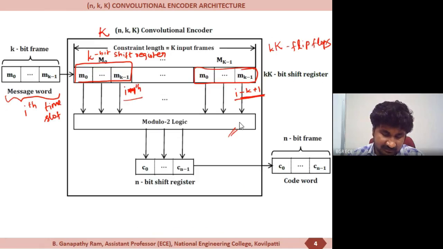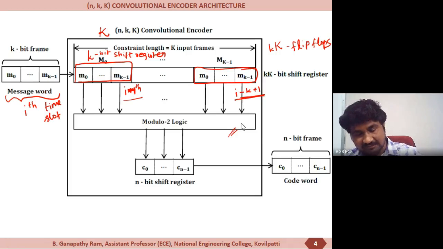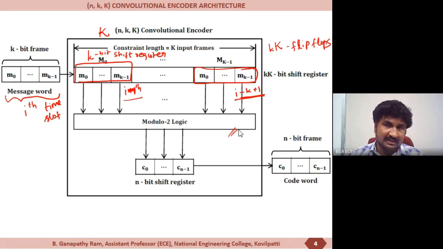For example, if K number of bits need to be loaded into this convolutional code, then it requires K minus 1 time slots to load all this data except one bit, which will be represented by the number of states.